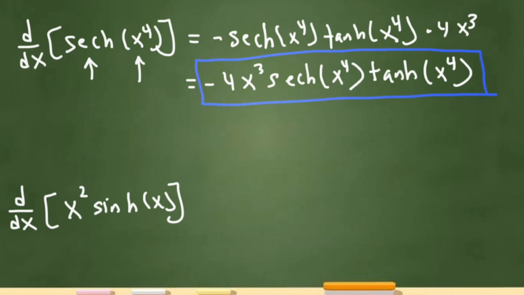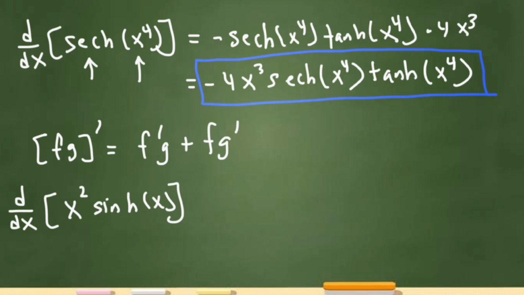Alright, so moving to the next one, we have the product rule, and if you recall, here's the product rule. We have f times g. The derivative of that is f prime g plus f g prime. So x squared is f and hyperbolic sine is g.